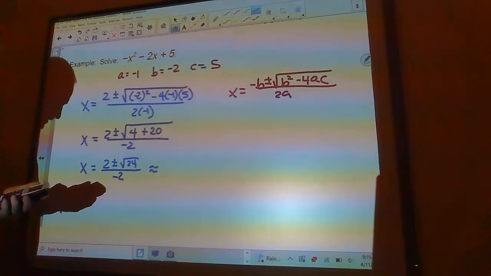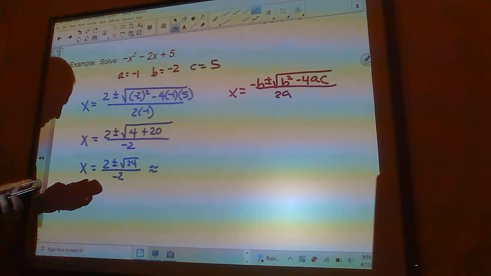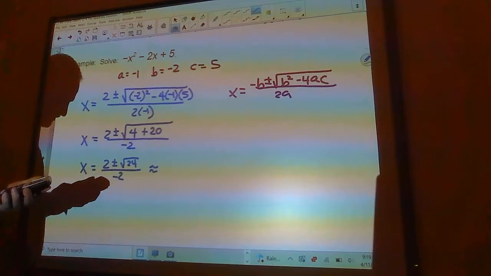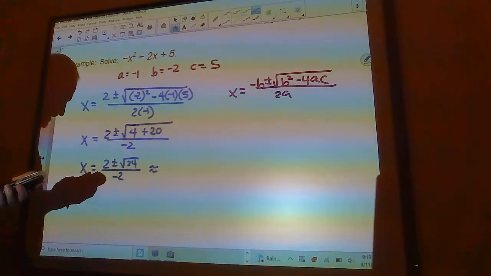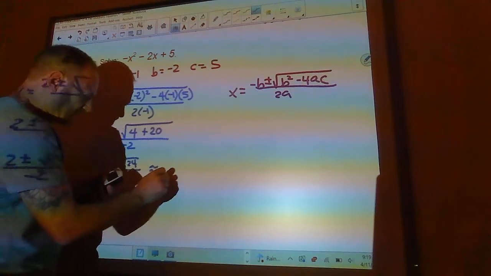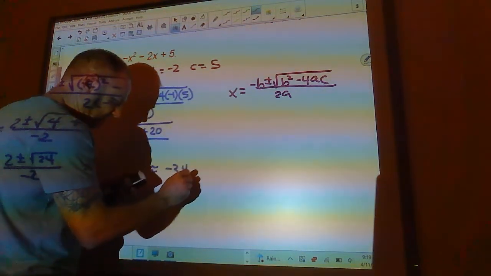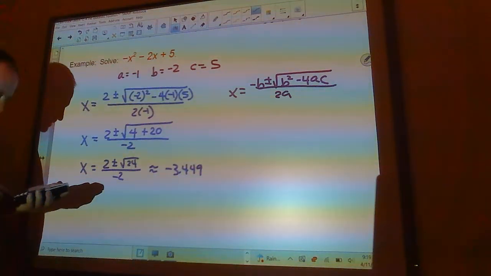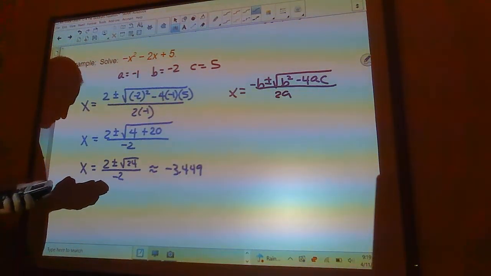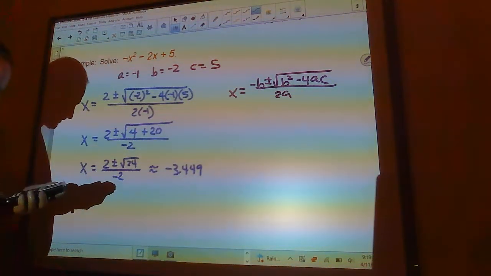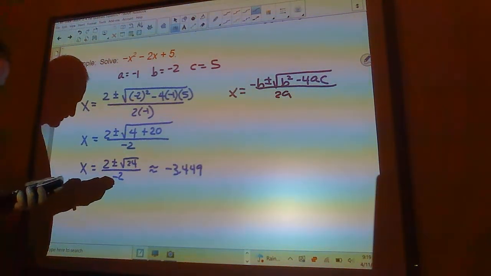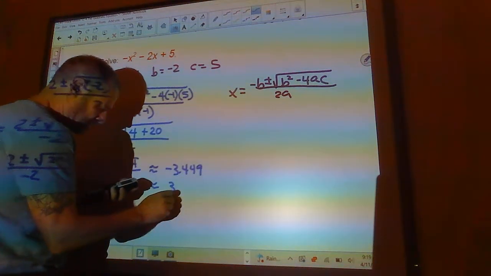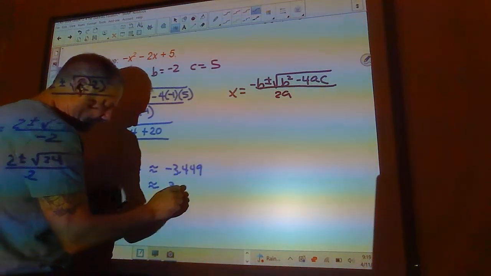So, 2 plus the square root of 24 divided by negative 2 comes out to be negative 3.449. So you're not going to figure that out by graphing. And negative 2 minus the square root of 24 divided by negative 2 is going to be 3.449.